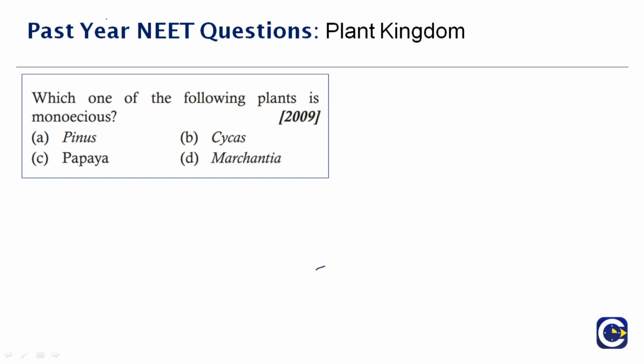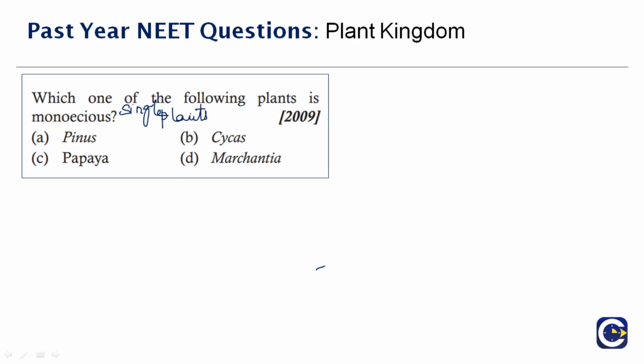The single plant will have both the male and the female flower or cone within the same individual. When I say dioecious, di means two. Here the male and the female flower or cone will be present in separate individuals.